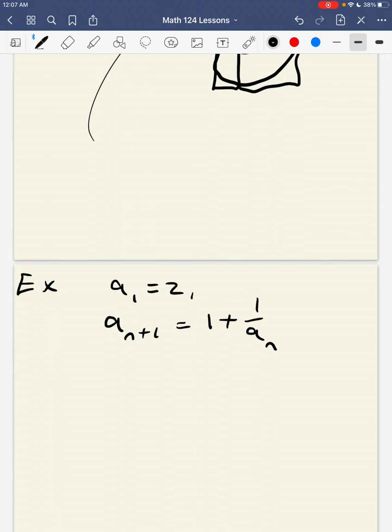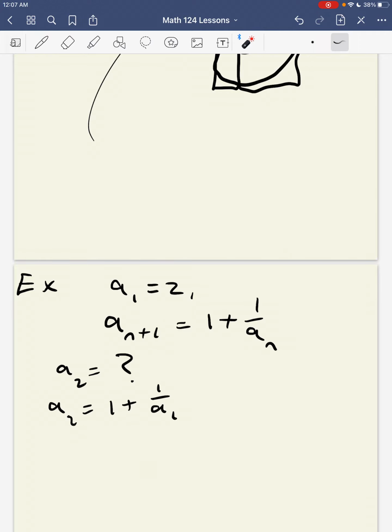Alright, so if you're a little confused about that, just start plugging in numbers. Say we want to find what A2 equals. Well, A2 by the above formula would be 1 plus 1 over A1. And we know what A1 is because we were given A1. So that equals 1 plus 1 half, 3 halves.